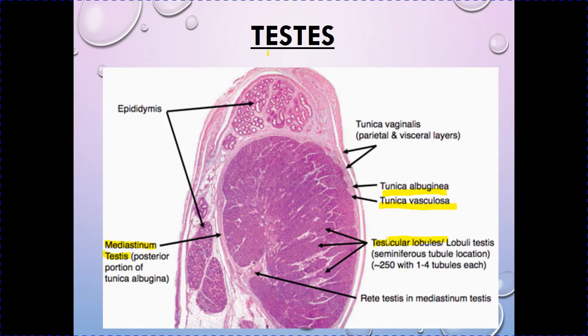There are almost 250 lobules, and every lobule has a highly coiled seminiferous tubule. About 1 to 4 seminiferous tubules are present inside one lobule.